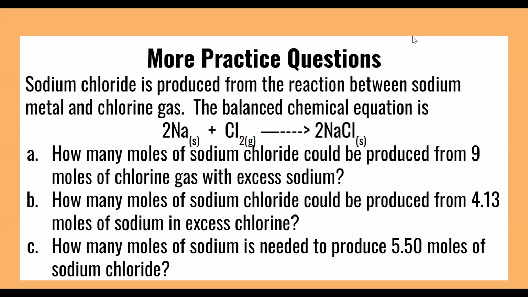How many moles of sodium chloride could be produced from 4.13 moles of sodium in excess chlorine? How many moles of sodium are needed to produce 5.50 moles of sodium chloride? Pause the video and try this. If you don't get this right, it means you have to go back and look at stoichiometry again and all the examples.